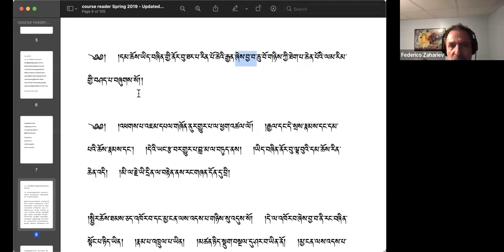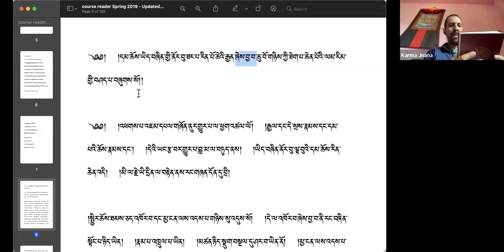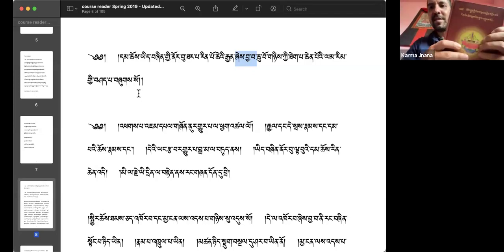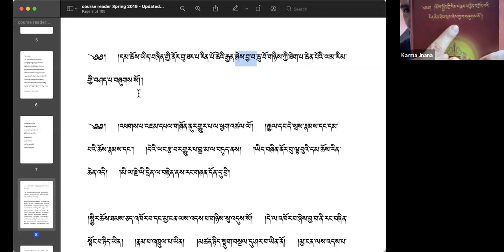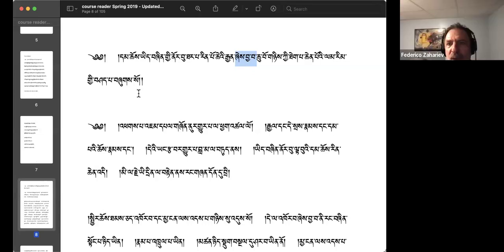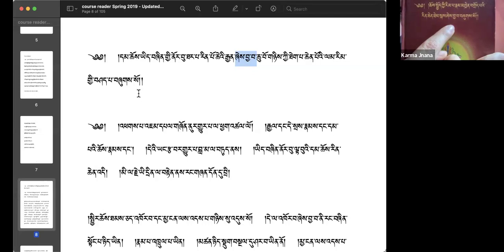For example, Shejawa, would this have any meaning on its own somehow? I don't know if you guys can read this. Shejawa Shukso. Let me just make it bigger for a moment.